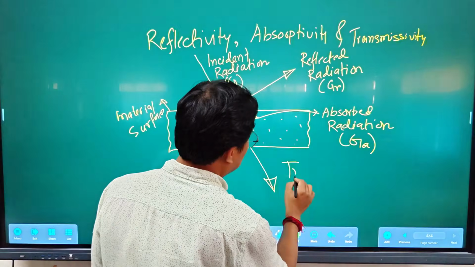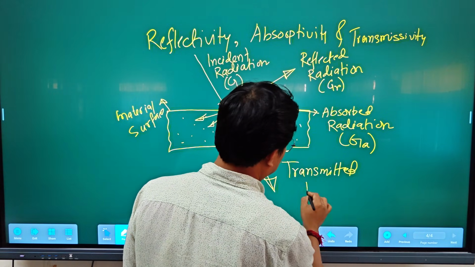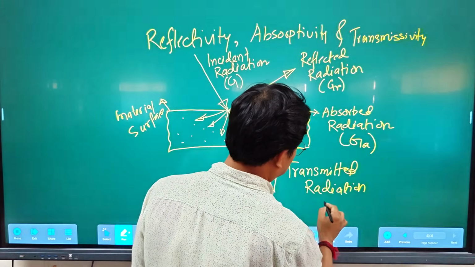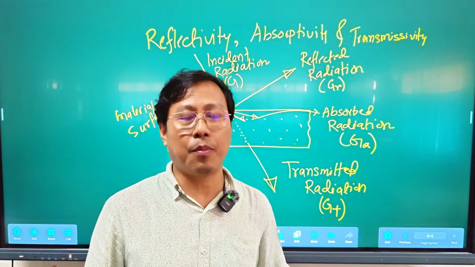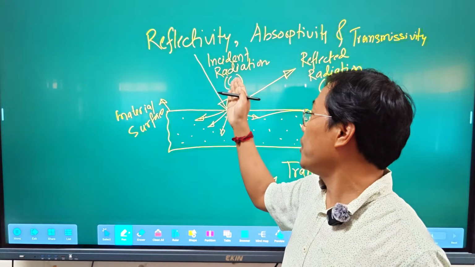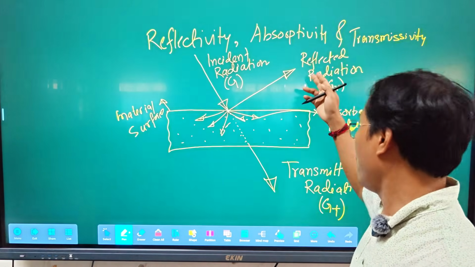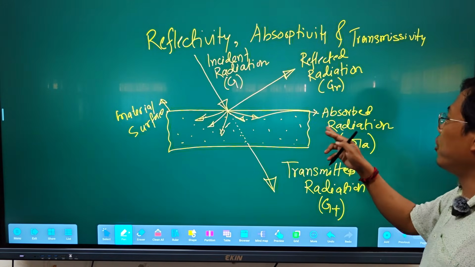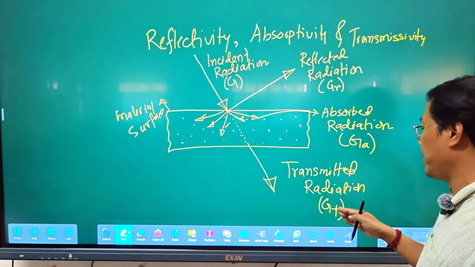This is called the transmitted radiation, denoted by GT. So when the incident radiation impinges on any surface, it is divided into three parts: the reflected radiation GR, the absorbed radiation GA, and the transmitted radiation GT.